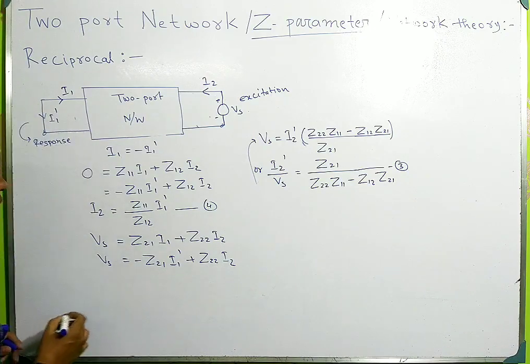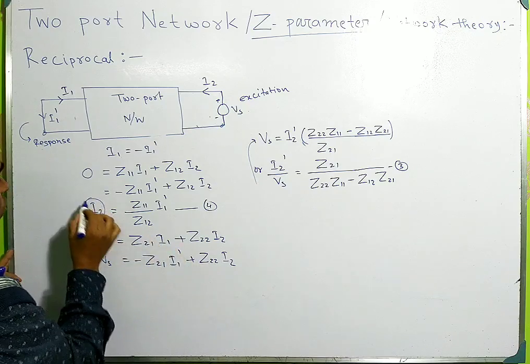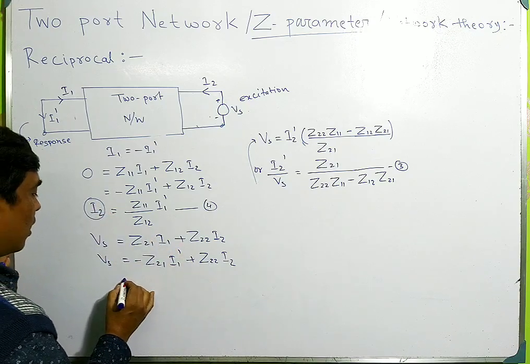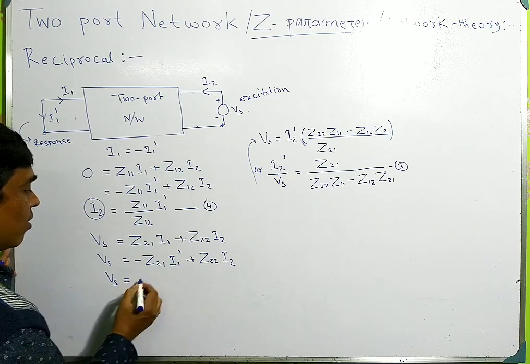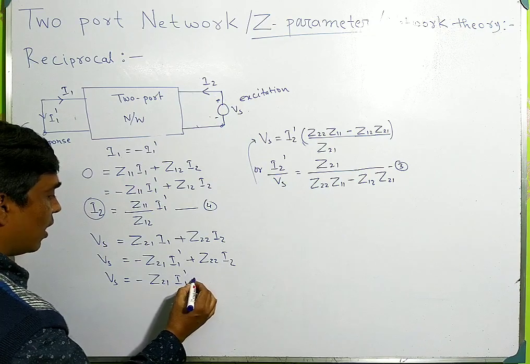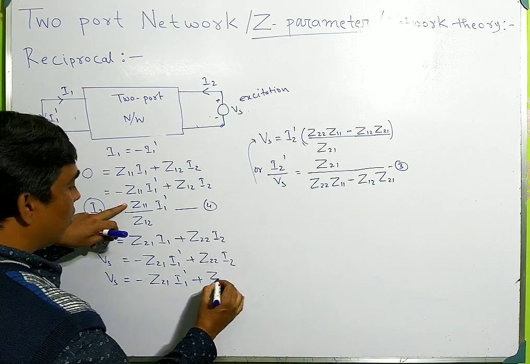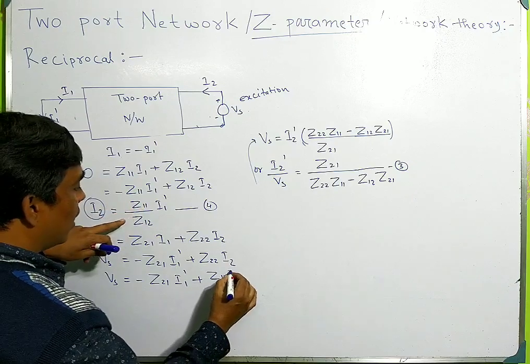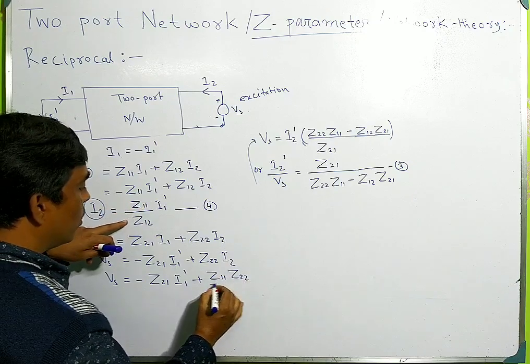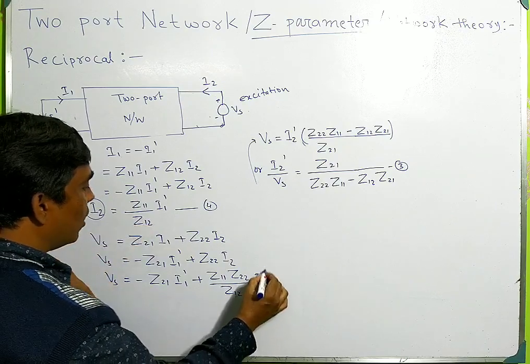Now we will put the value of I2 in this equation, so Vs equals minus Z21 I1 dash plus Z22 times Z11 divided by Z12 times I1 dash.